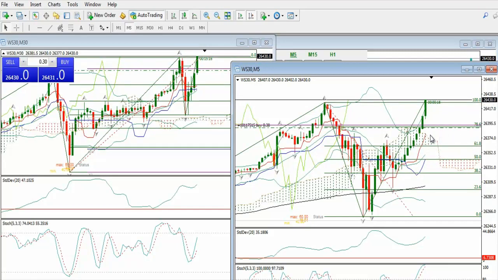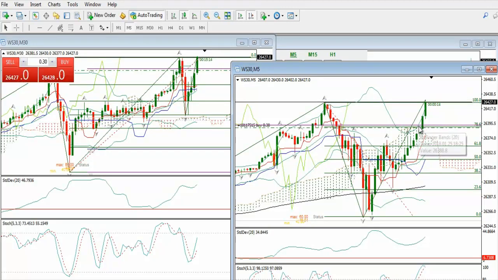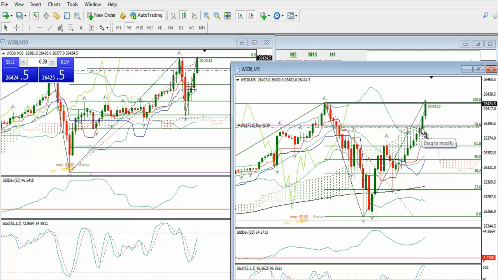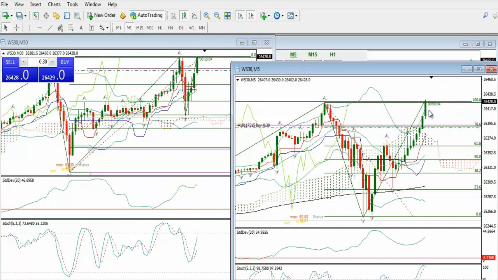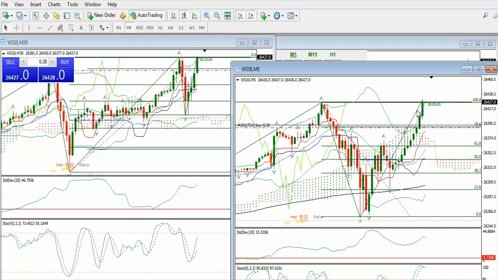But as you can see, my position started right there. Now we are at like 40 pips. Yes, I believe we are somewhere around 40 pips profit.